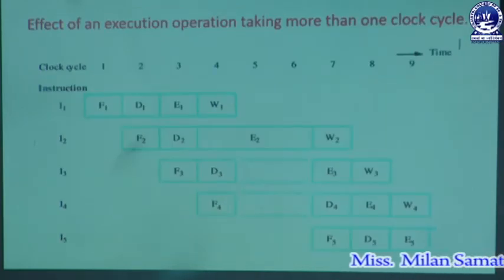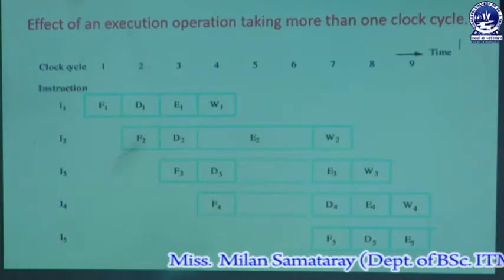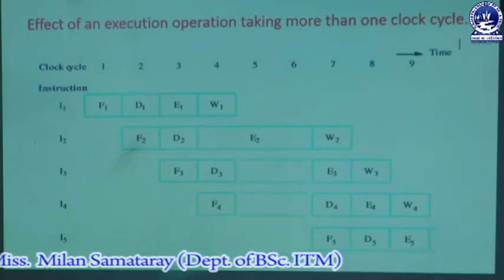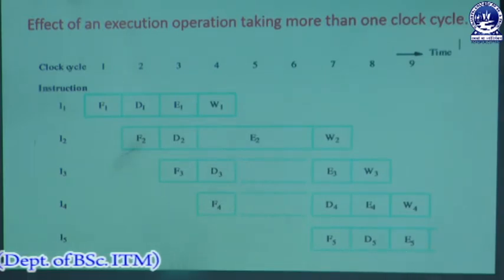So here see the effect of an execution operation taking more than one clock cycle. That means if the execution of one instruction takes more than one clock cycle, how will it affect the execution of the instruction that follows?